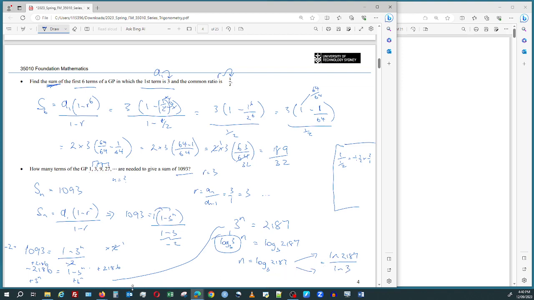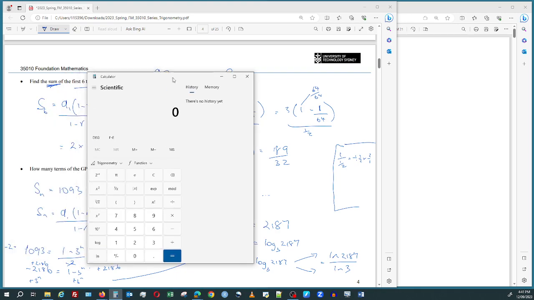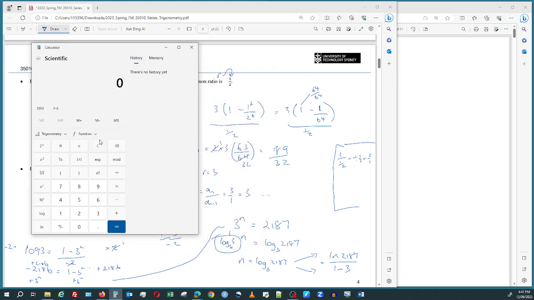So if I get the calculator, just bring it into view. Ln, so 2187 and divide that by ln 3 is equal to 7.